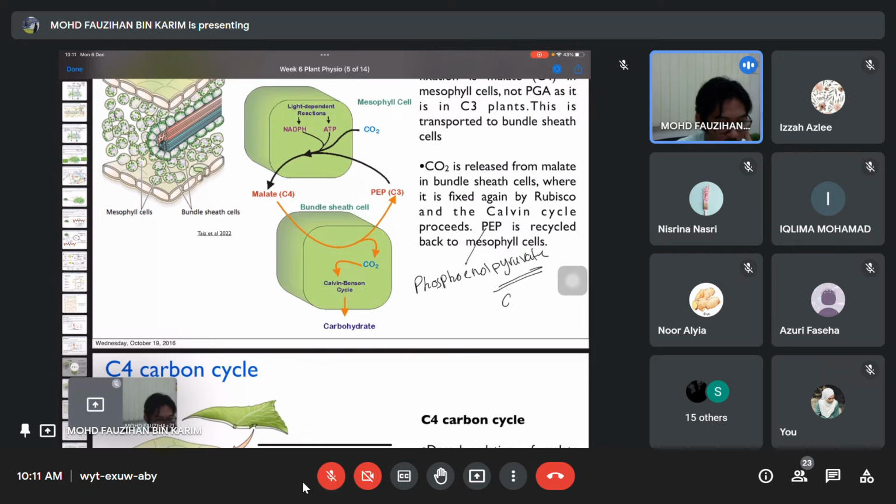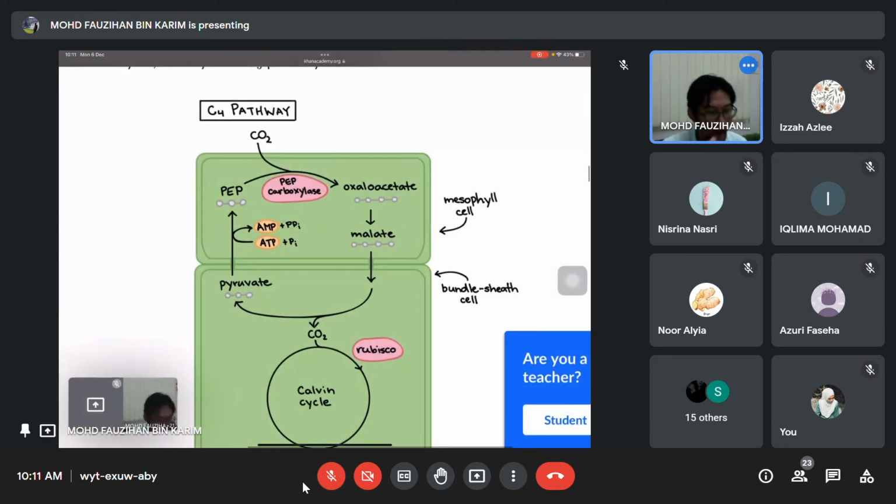Pyruvate is 3 carbon. Phosphoenol is the arrangement where there is a phenol group in the 3 carbon. So, phosphoenol pyruvate.